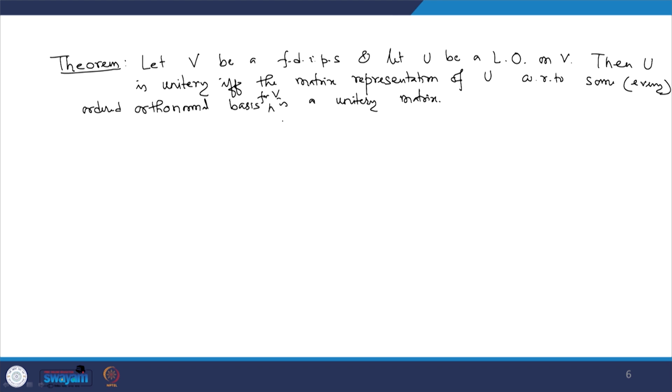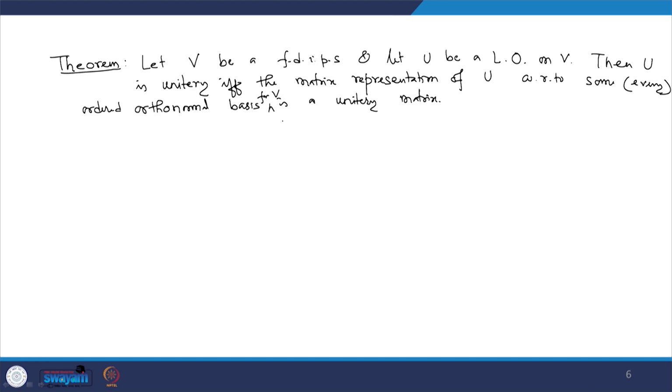I did mention one thing, I have told you that for isomorphism of inner product spaces we have defined some equivalent statements when the inner product spaces are finite dimensional. So, here also I will say a unitary operator over a finite dimensional inner product space also satisfies all sorts of equivalent statements.